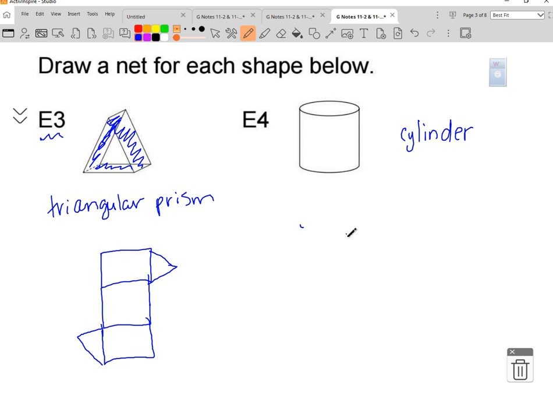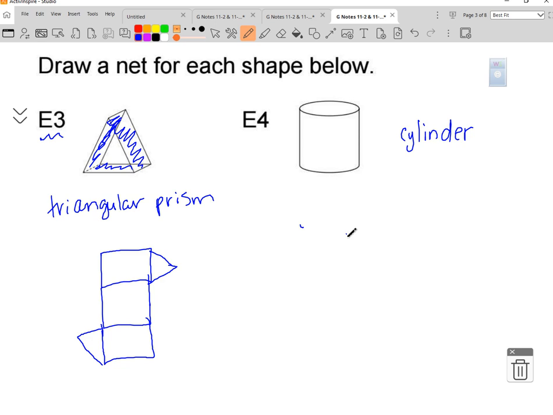So what is that? Rectangle. If I curve it around, I'm not really exactly folding it, but kind of. If I curve it around, it looks like a cylinder, right? So that curved surface of a cylinder, that's its lateral area. Now, if I had a circle right here in this rectangle, I could fold it up, and then I'd have a full cylinder.